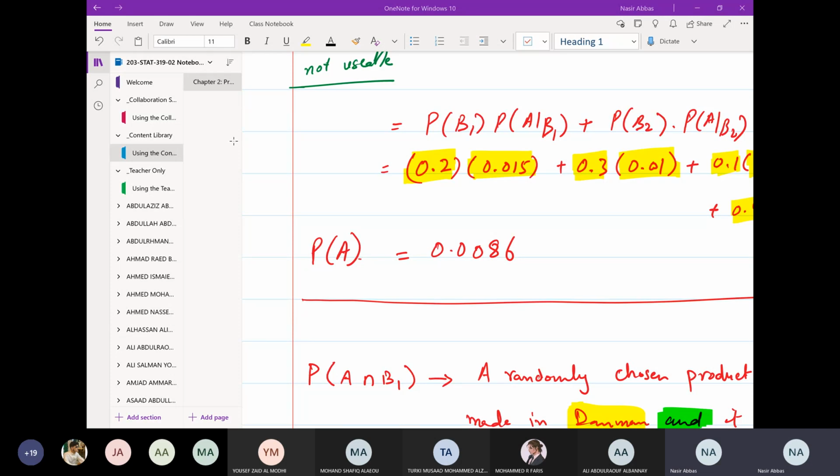Or if you want to use the theorem of total probability, you can use it here, like 0.2 multiplied by the not defective rate of the MUM, which is 1 minus 0.015, plus 0.3 multiplied by 0.99, plus 0.1 multiplied by the non-defective rate of Makkah, and so on. That will also give you exactly the same answer, 1 minus probability of A.